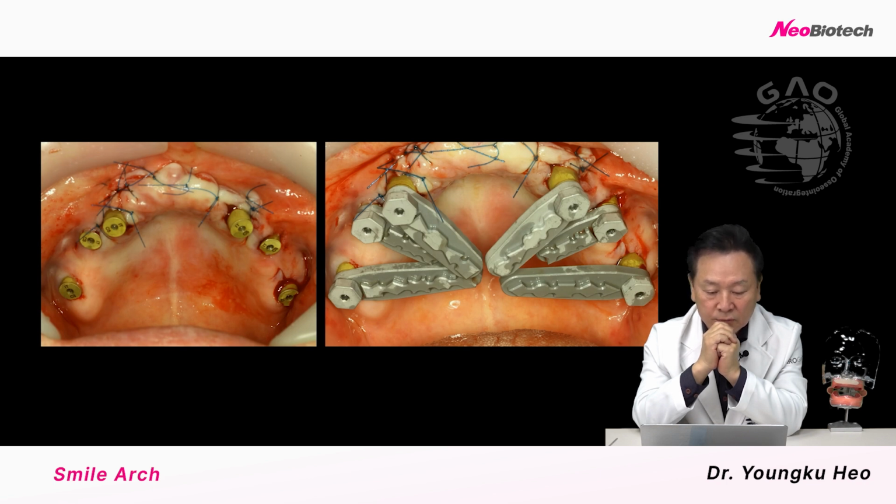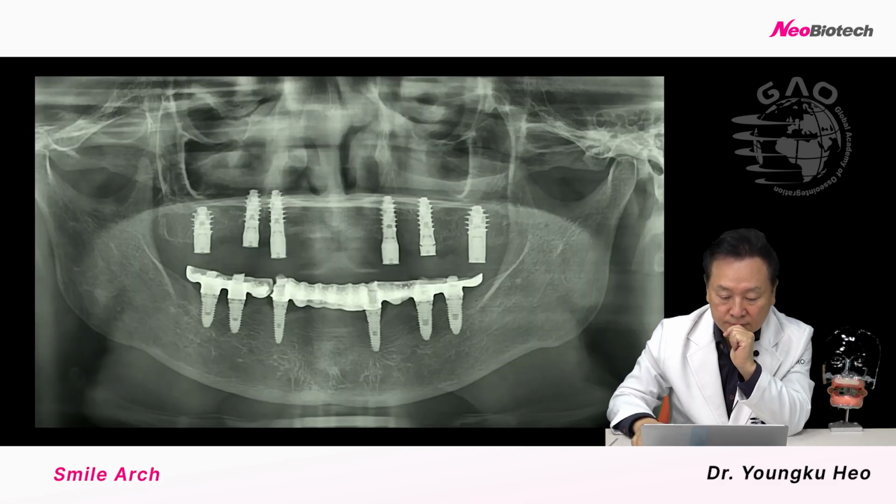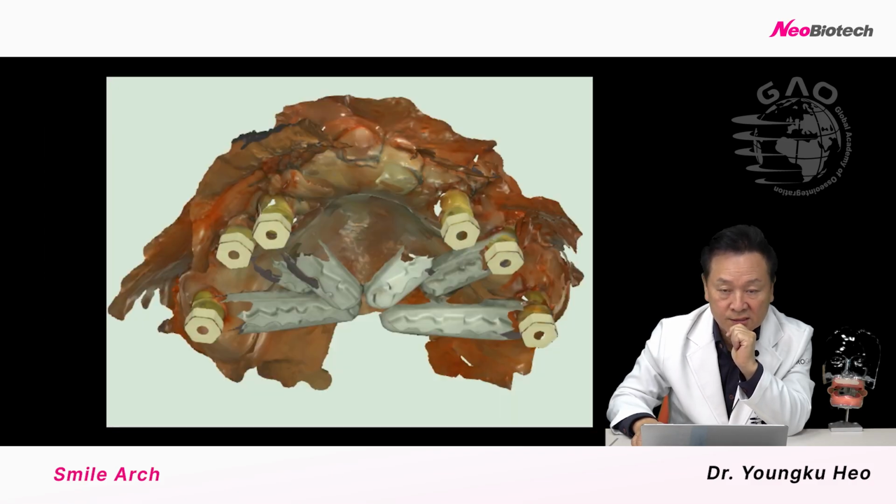As you see here, I will explain later in detail. So this is the after scan of this implant, and also we get the soft tissue scanning. So we're matching together.